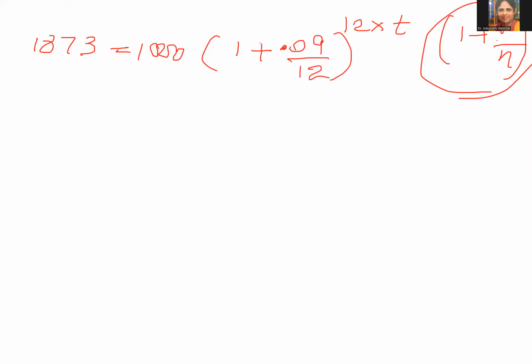Okay. So I'll show you how to simplify this one, right? As the first step, you can divide this value, 1873 divided by 1000, right? And this side, 1 point. To simplify, you can use a calculator, okay?